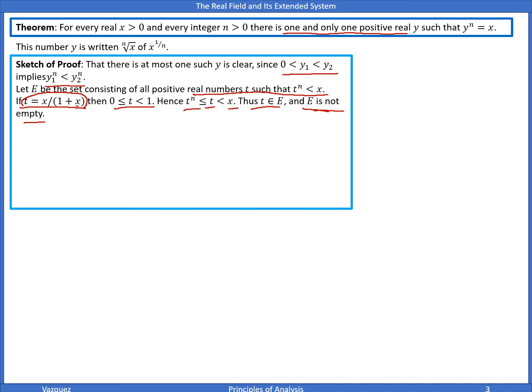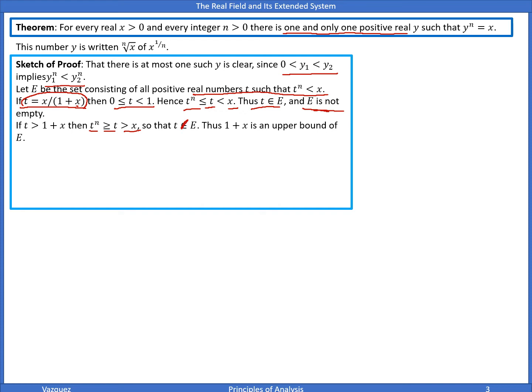Now, what happens if t is greater than x and greater than 1? Well, we have that t is greater than 1 plus x. So because, again, n is positive, t to the n is greater than or equal to t, which is greater than x. So actually, now that I'm reading this, t is not in E. This should be a not.